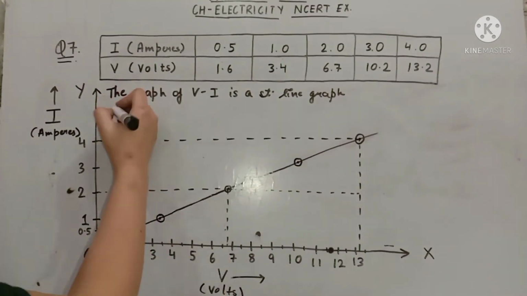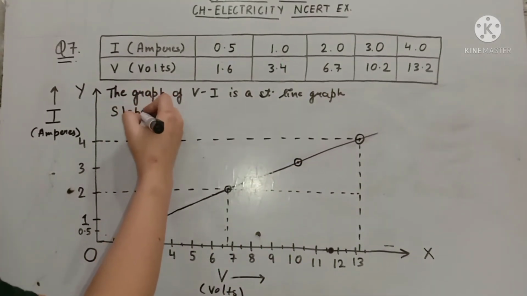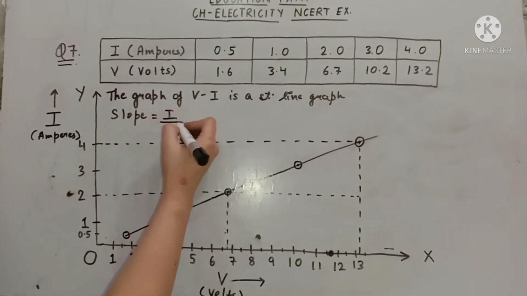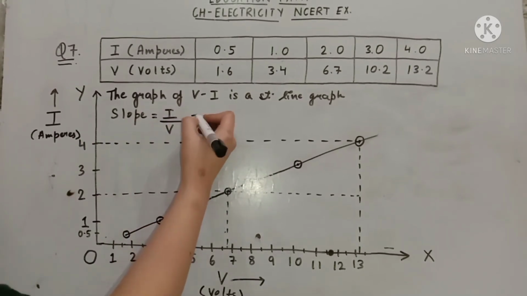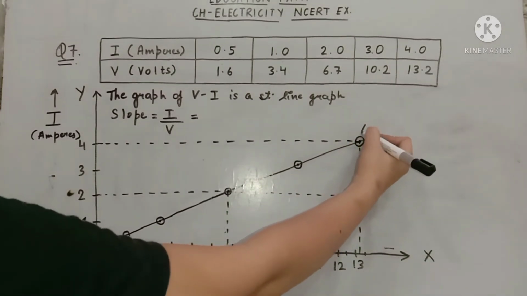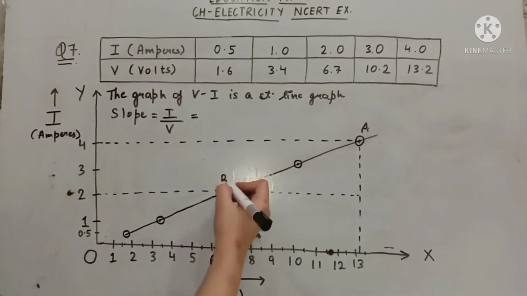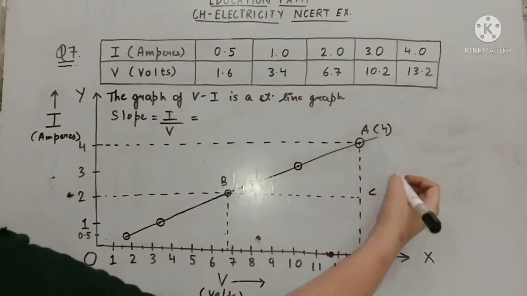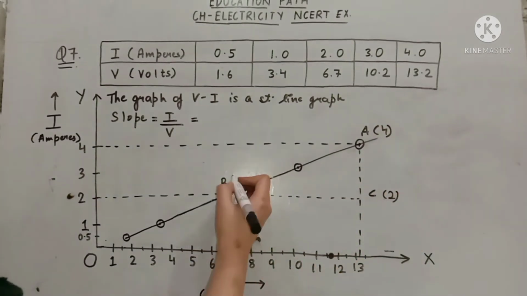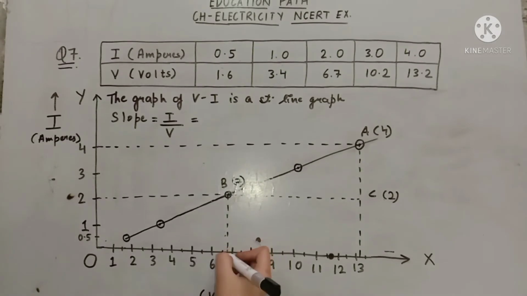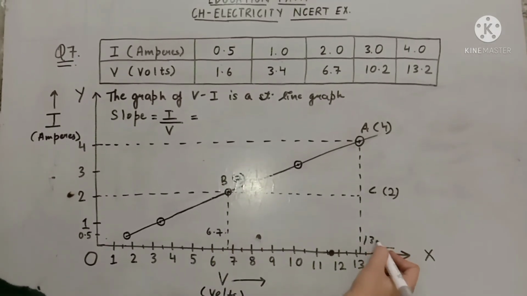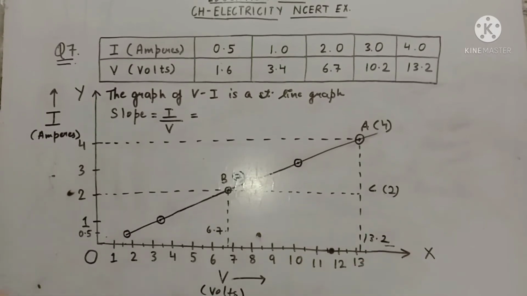We will find the slope, which is change in y upon change in x. We will mark points A, B, C. Point A is 4, point C is 2, this point is 6.7 and this point is 13.2.